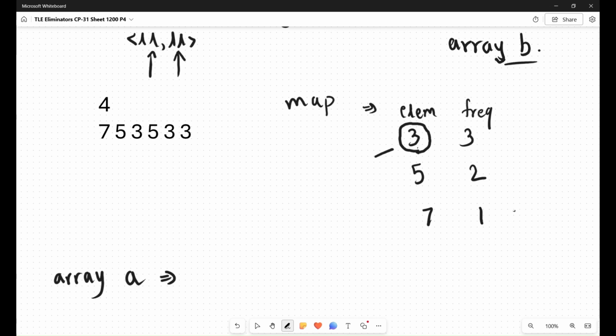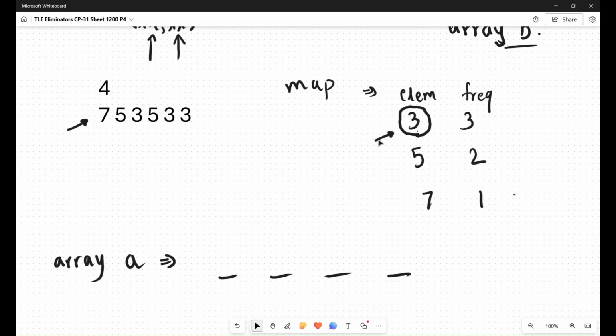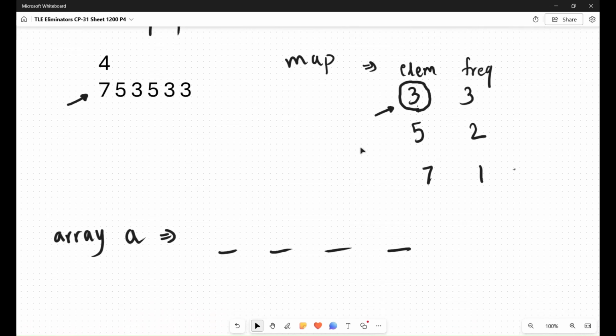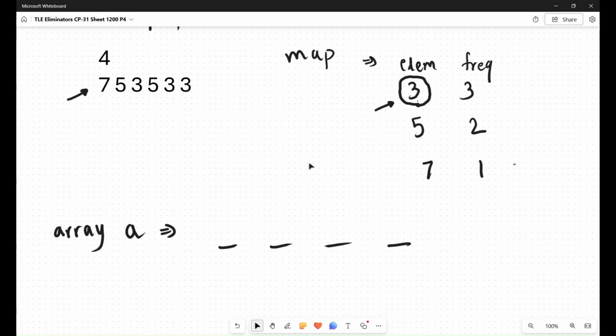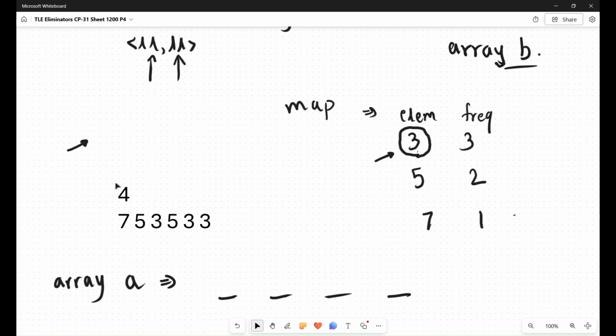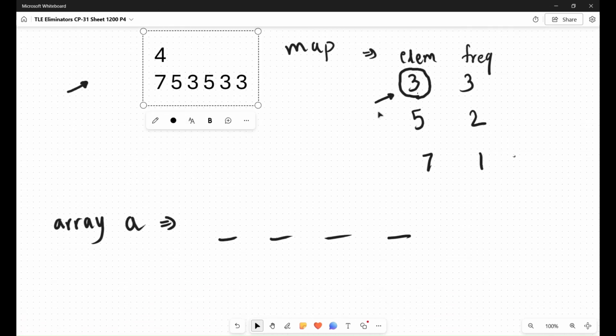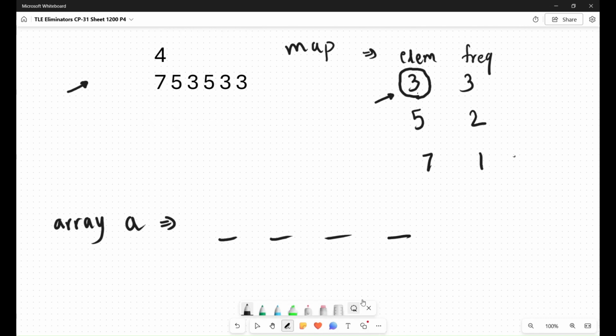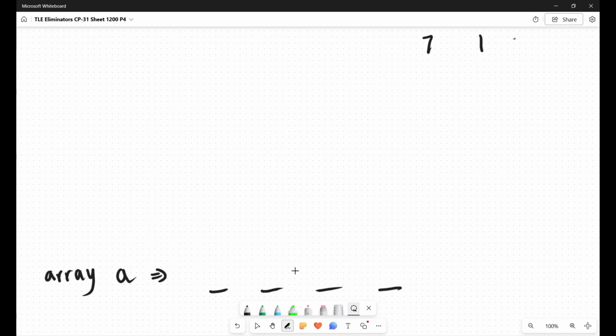Okay, so as I know that 3 is appearing in B, there must be a place in array A where 3 will be appearing, right? So let's stay here, and let's take this down.